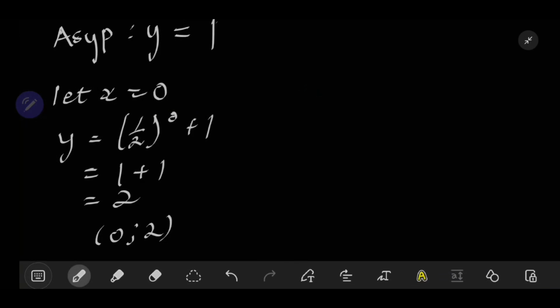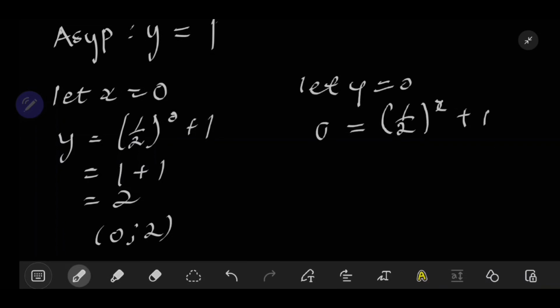other intercept, we let our y value be equal to 0. Then we have 0 equals 1 over 2 raised to exponent x, plus 1. Then we can take the 1 to the other side. We have negative 1 equals 1 over 2 raised to exponent x. Then we can see that there is nothing we can do in order to solve this.